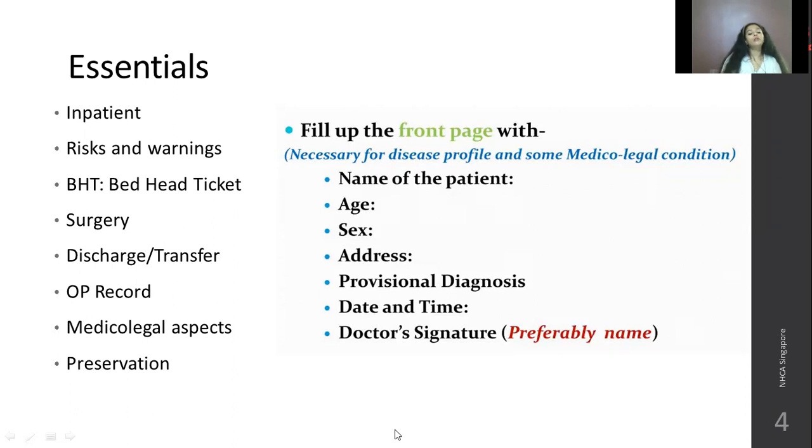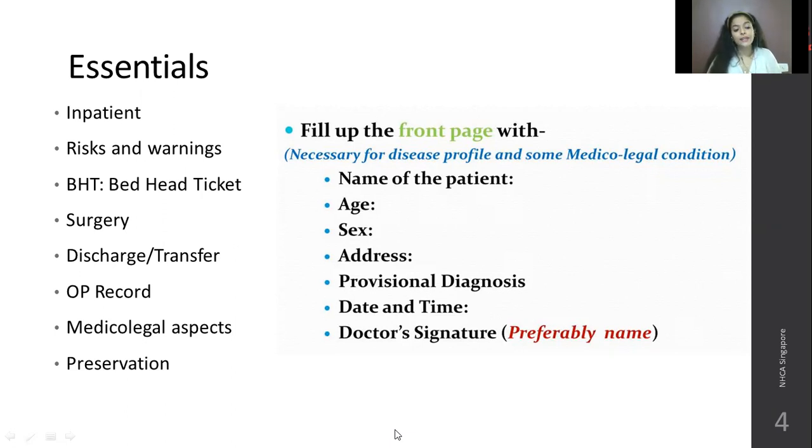Preservation of records: ideally, there is a safe policy suggested for OPD records. It should be at least 5 years. All outpatient and inpatient records should be preserved for at least 15 years, and all medical legal cases should be preserved.